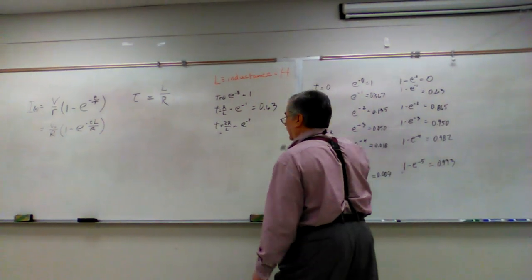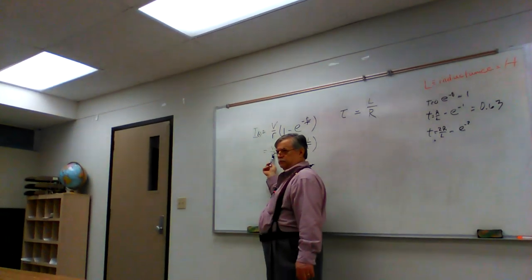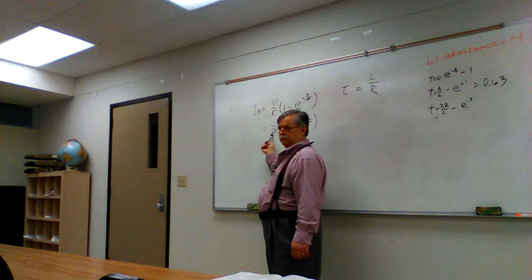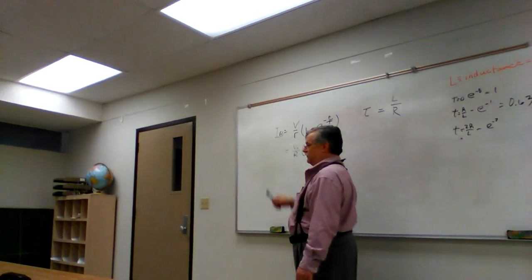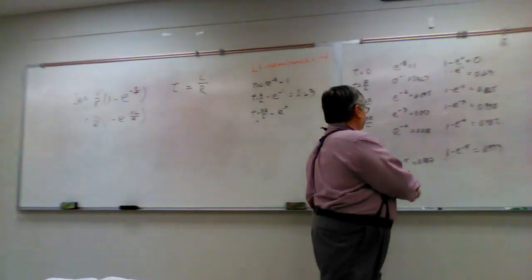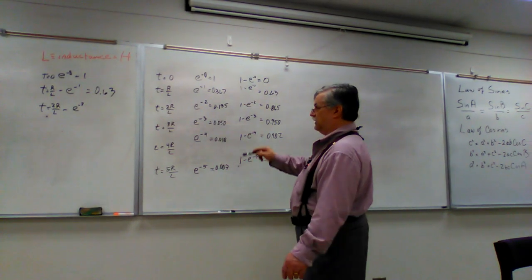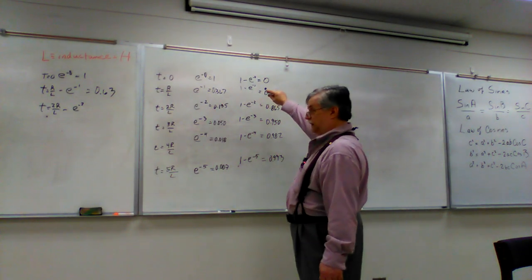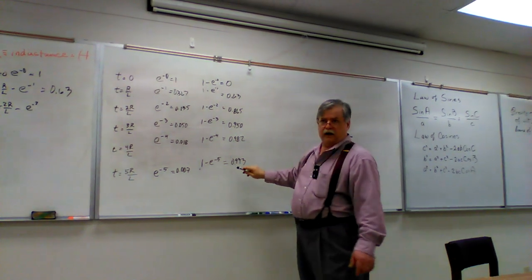These terms are the coefficient that you multiply your base current with. If you have V naught divided by R multiplied by one of these terms, these all represent percentages. If it's 1 minus e to the something, you'll notice that the percentages are going higher and higher.